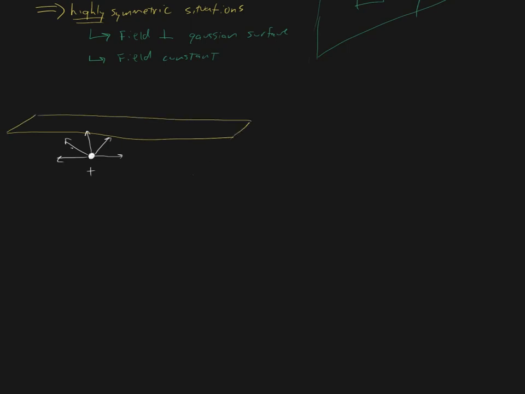Now, the electric field that's passing through that, there's two things that are happening here. First of all, you'll notice that the electric field being radial, the further away you get, the weaker the field gets. These field lines are getting further and further apart as you go outwards in both directions.